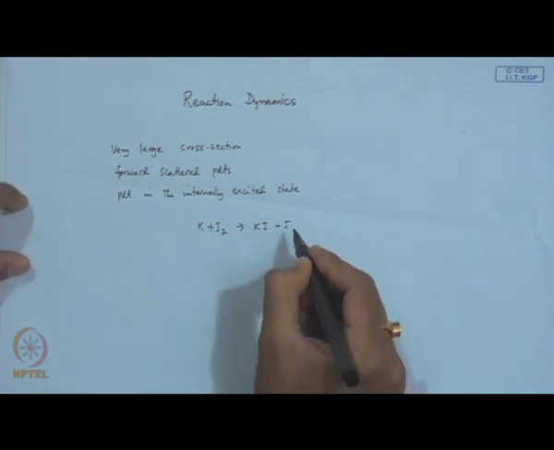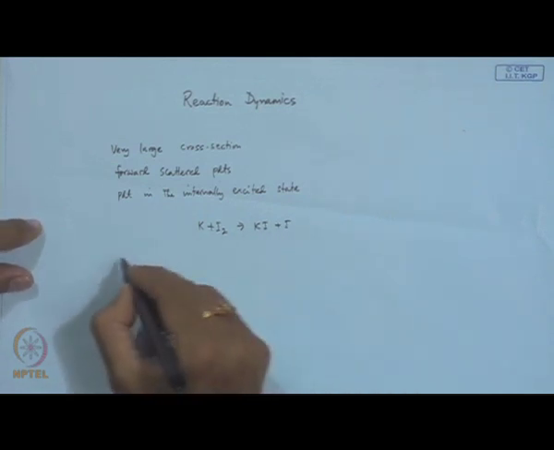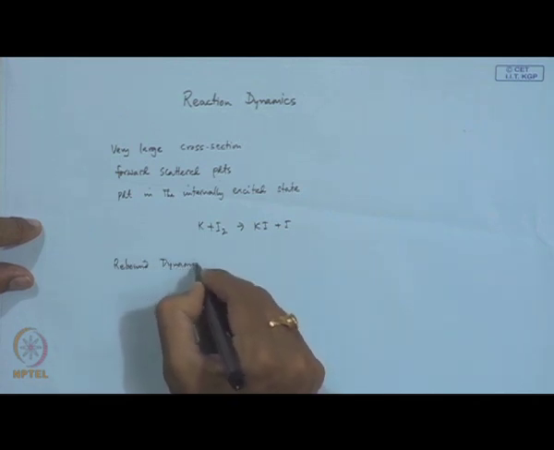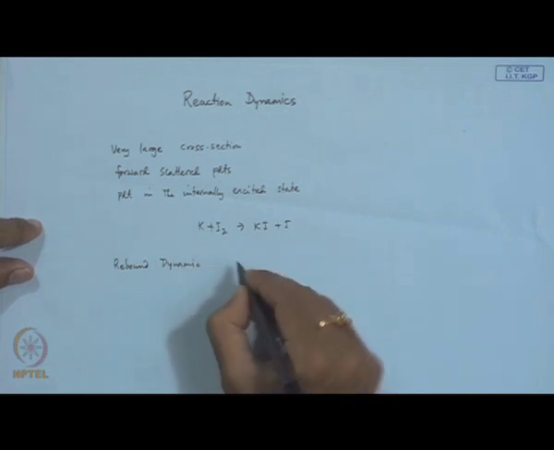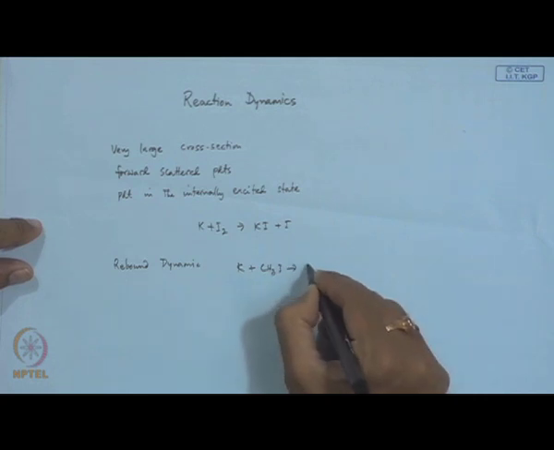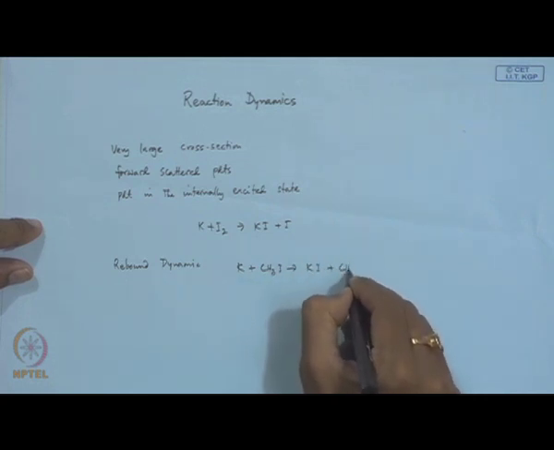Next we talked about this rebound dynamics, and we have taken the example of K plus CH3I giving rise to KI plus CH3.